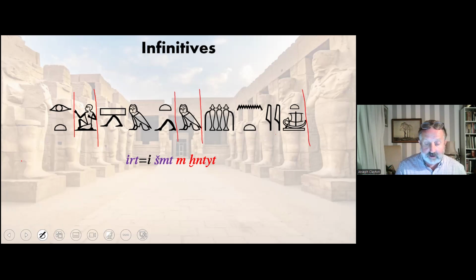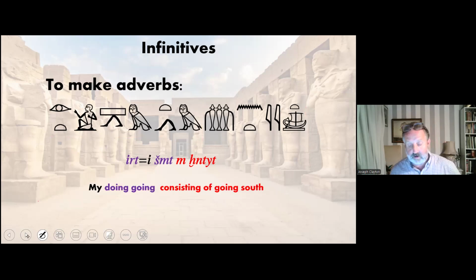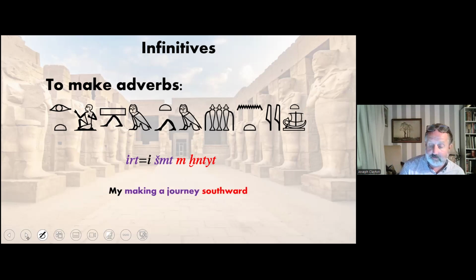Right, so what we've got here literally, iret e, so we've got doing, and we've got equals a. So my doing, shemet, going, consisting of going south. So literally my doing a going consisting of going south. If you want to put that into sensible English, it's my making a journey southward.